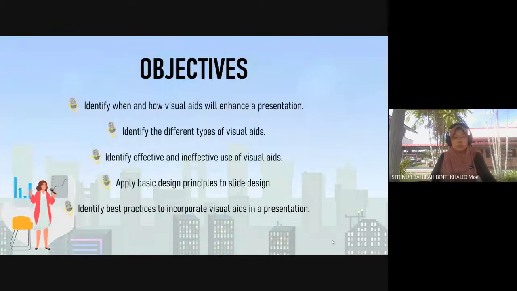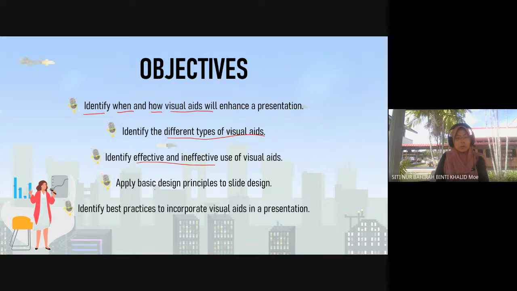So first, let's look at the objectives. So there are 5 main objectives that we will be covering in this module. So the first one is you are going to learn how to identify when and how visual aids will enhance a presentation. And then you're going to be looking at different types of visual aids, and we are going to identify effective and ineffective use of visual aids.